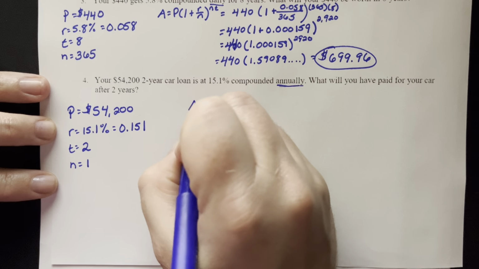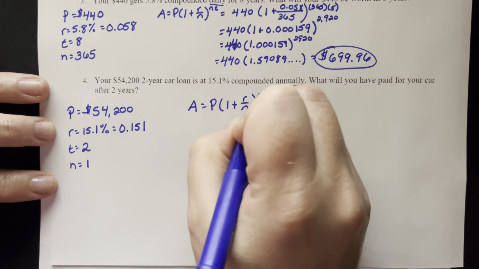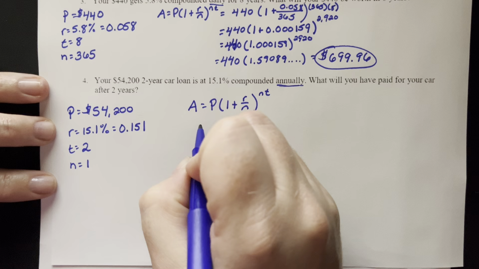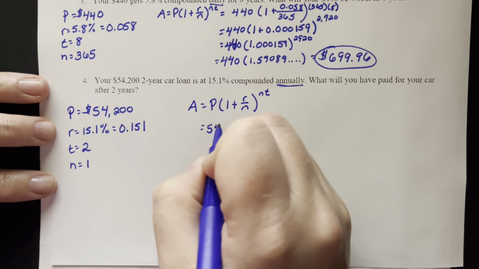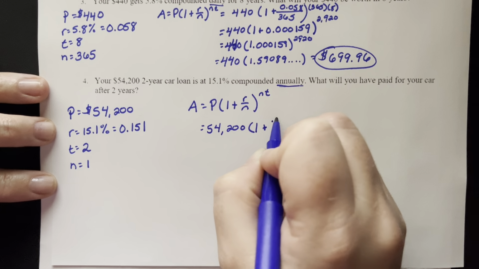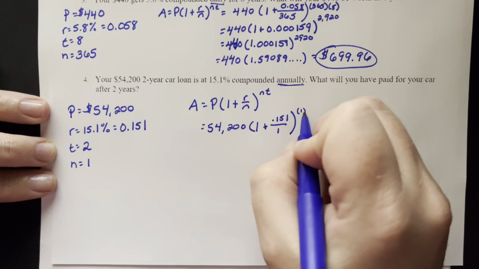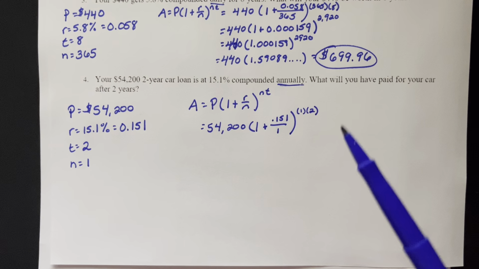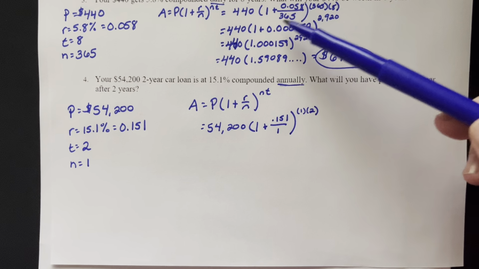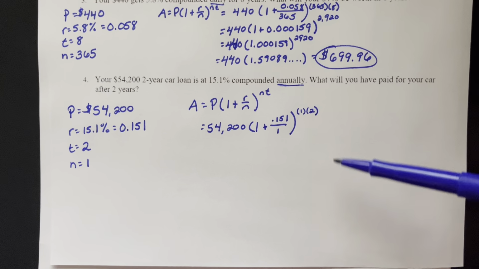So this ends up being still the same formula, P times 1 plus r over n to the nt. Substitute in our values, $54,200 times 1 plus 0.151 over 1 to the 1 times 2. By showing what you're substituting in, by showing how you evaluate the exponent in that division, if you make one slight error, I can see where you went wrong, right?